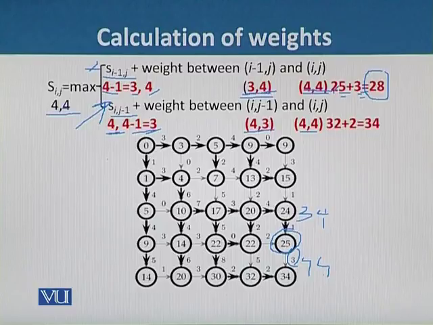So we can also calculate the 4 3 position, that is this one, and it has the value of 32, and the 4 and 4 position, that is this one, and it has the value of 2, and if we add 32 with 2, it comes out to be 34.